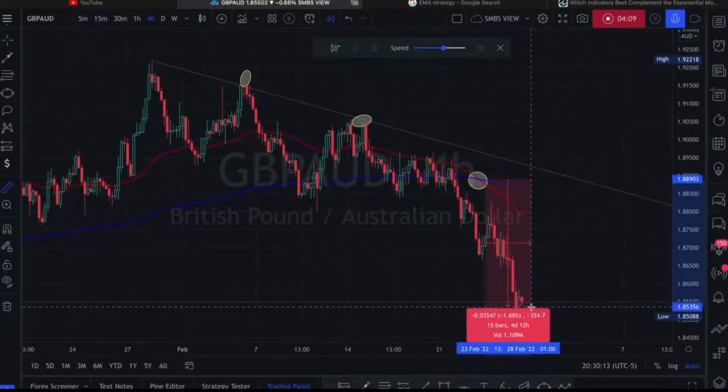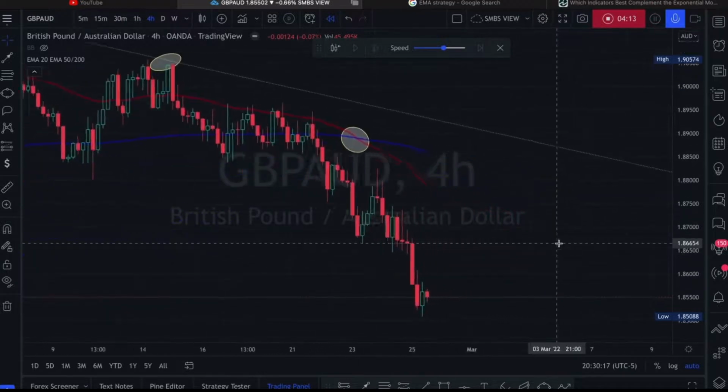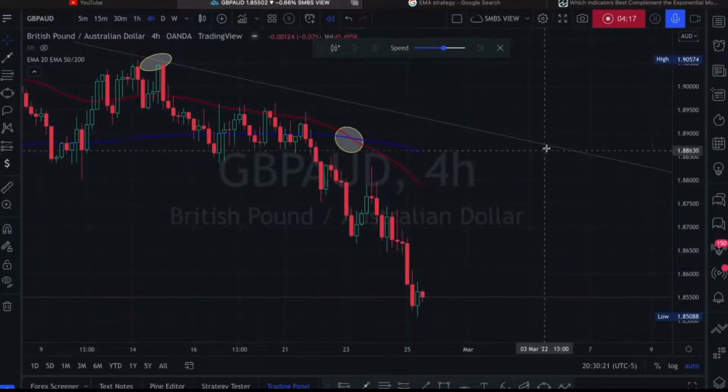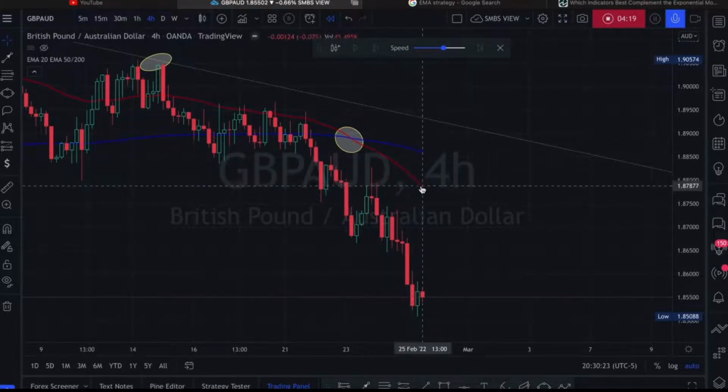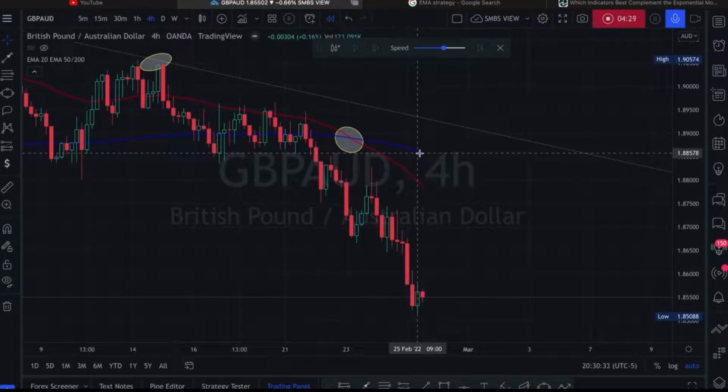So I'm staying in this trade, and I'll continue staying in this trade until this fast moving average crosses the slow moving average. Or alternatively, if price comes back and hits the slow moving average, which is the 200 EMA, then it will be my time to get out of the trade.